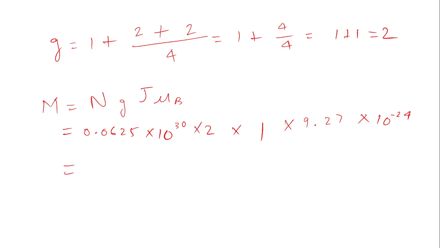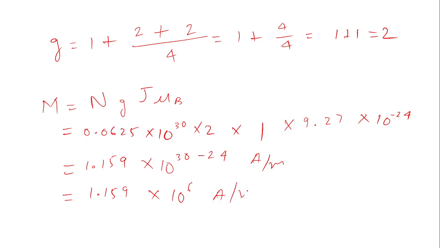When I calculate all this, 0.0625 times 2 times 9.27, I get 1.159, and the powers 10 to the 30 minus 24, so the magnetization will be 1.159 times 10 to the power 6 ampere per meter, which is the correct answer.